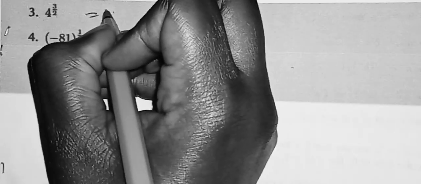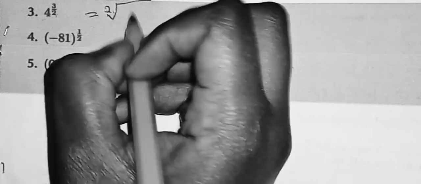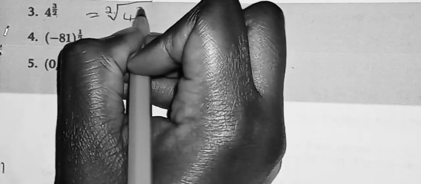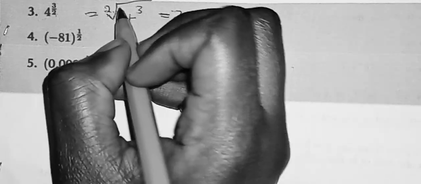So we're going to say the square root, with degree 2, of 4, and then the 3. Let us put everything into the calculator and see what we get. I got 8, which is a rational number. It is a positive integer.